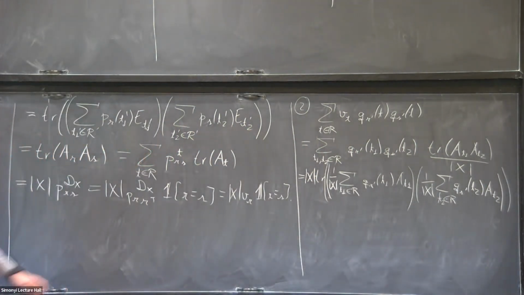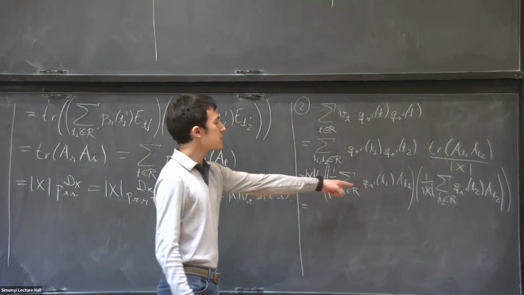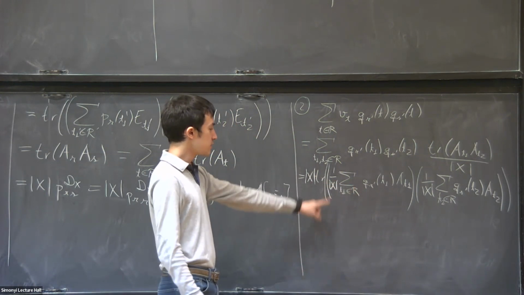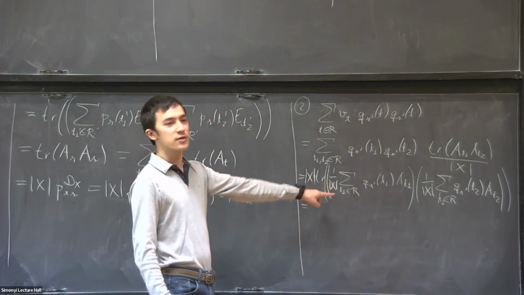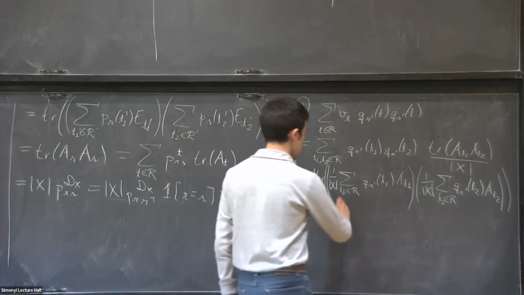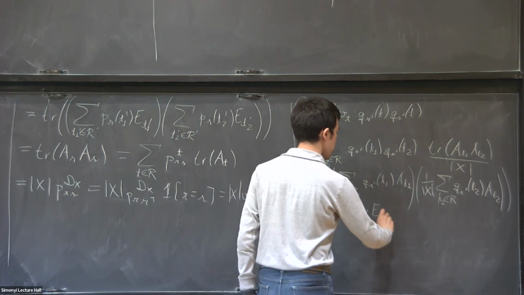Okay, so this is just opening up by linearity. And now again, these are just the E matrices in disguise. That's the importance of getting these normalizations right. So you just get the trace of E_R' times E_S'.